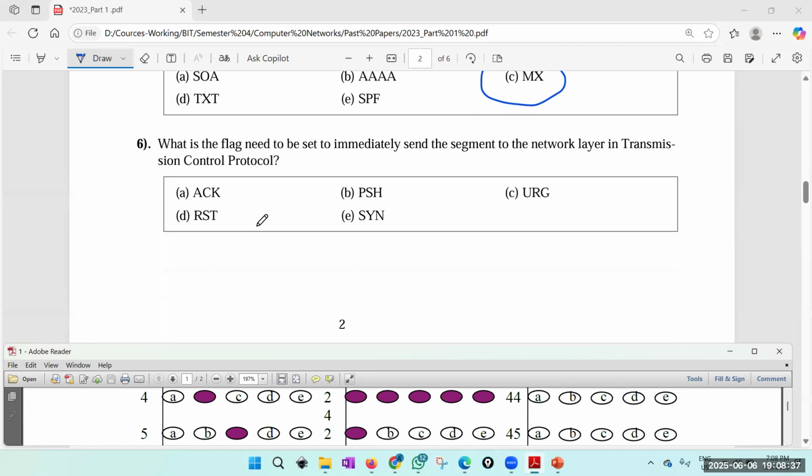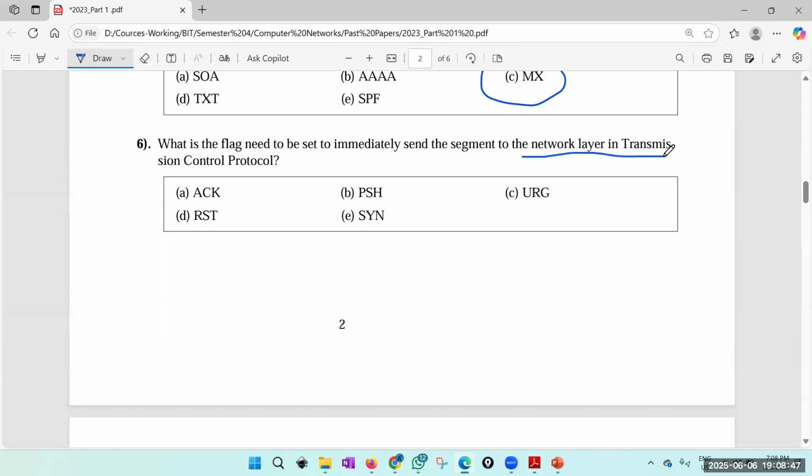Sixth question. What is the flag that needs to be sent to immediately send the segment to the network layer in the transmission control protocol? Remember that it is not acknowledgement. Reset is reset in the communication. SYN is synchronizing.